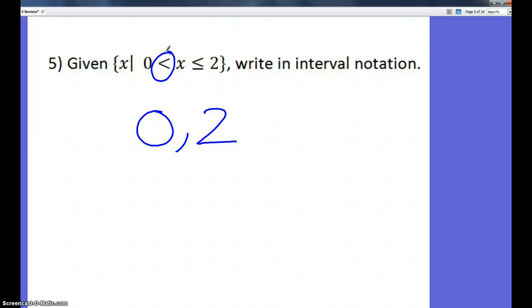I'm so sorry about that. It has to be open. It is not equal. It is open. Not equal, open. Whereas this 2 has the equal to sign, so it is filled in, or it is a box bracket. So, no equal to, open. Equal to, box bracket. That's as easy as it gets.